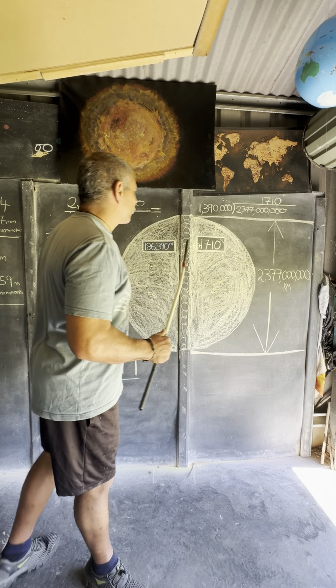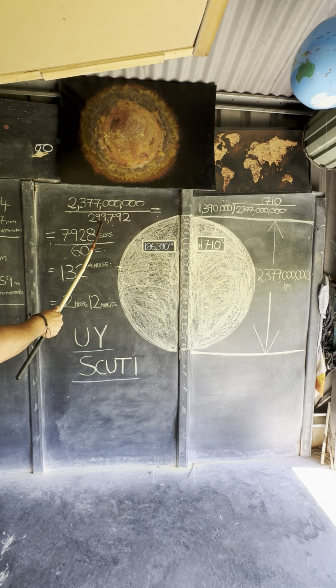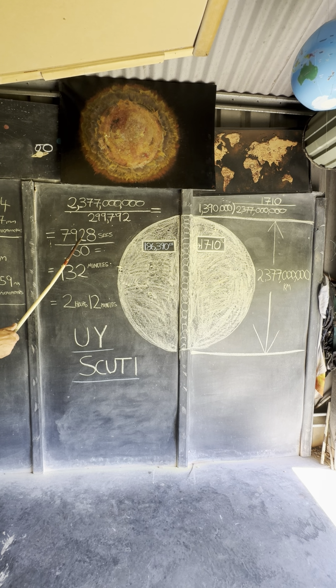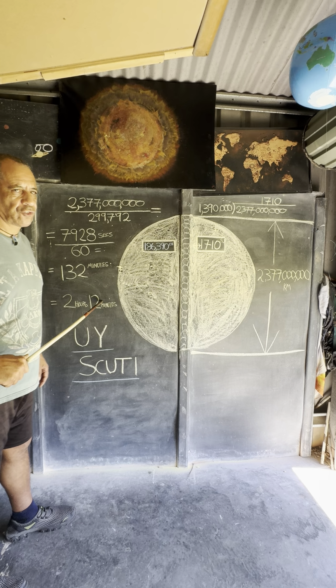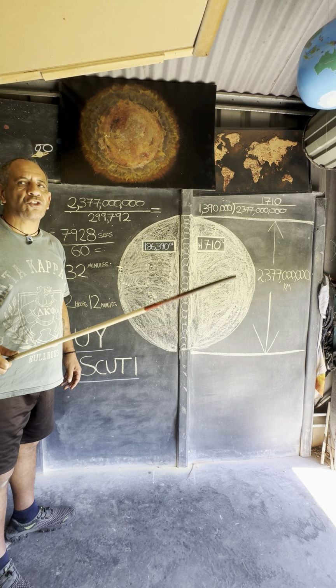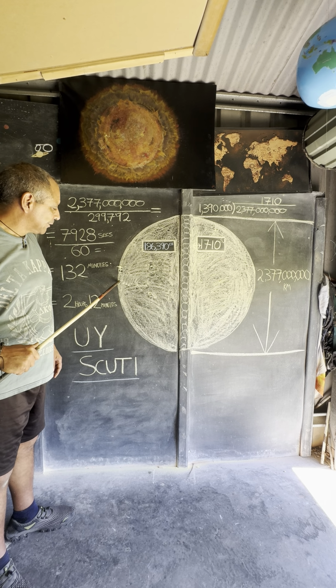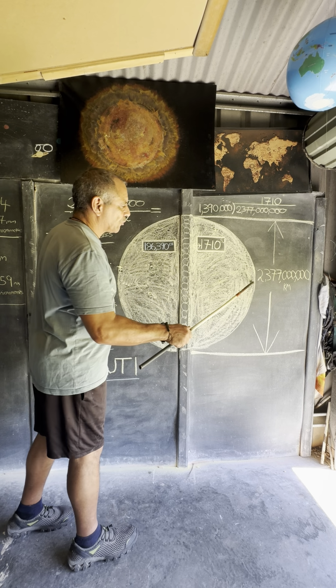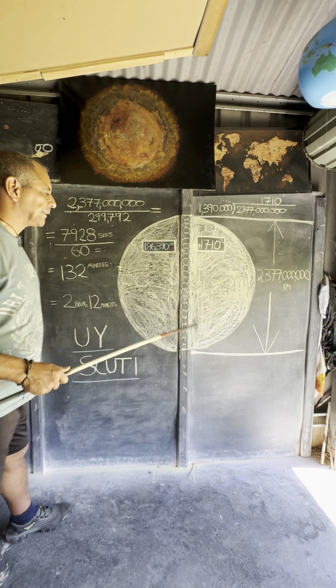When we divide Scuti by the speed of light, we get 7,928 seconds. Big exercise. Let's divide it by 60. We get 132 minutes. That equals 2 hours and 12 minutes for UY Scuti to radiate its light the distance of one of its diameters.